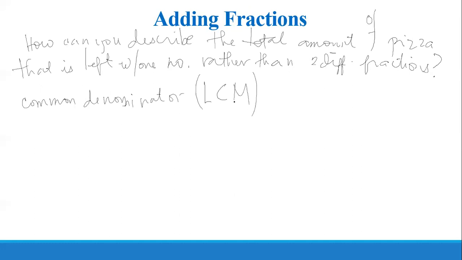That is the least common multiple. Or the LCM. So, for us to describe the total amount of pizza that is left with one number rather than two different fractions, you need a common denominator, which is the LCM, or the least common multiple.